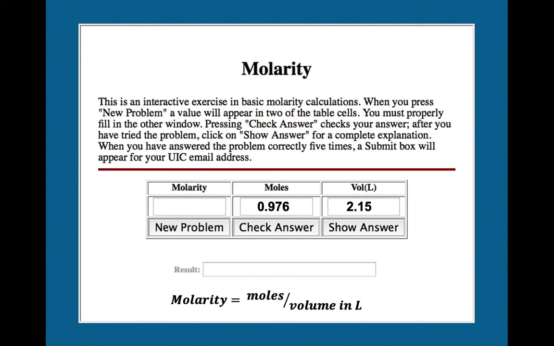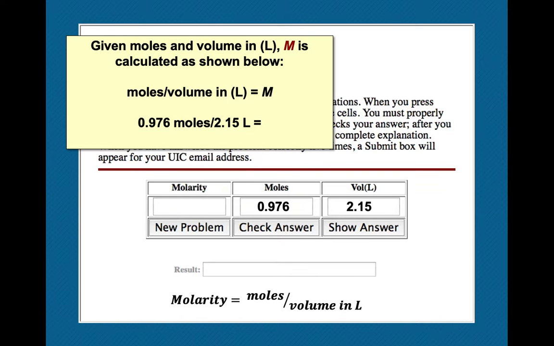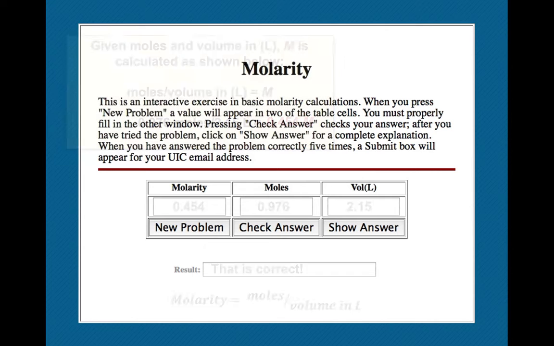We know the number of moles, we know the number of liters. Moles divided by liters, 0.454. Everybody loves tables. Well, this one had molarity missing. Let's do another one. Here, volume is missing.